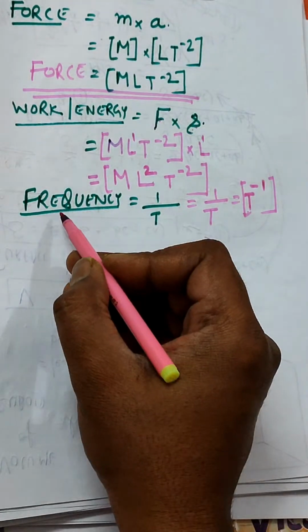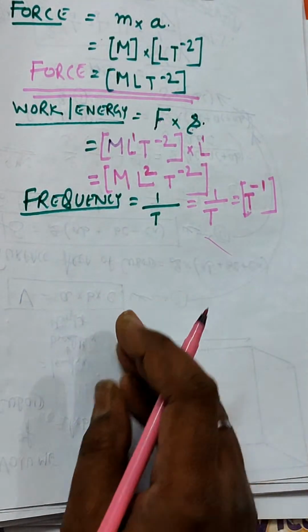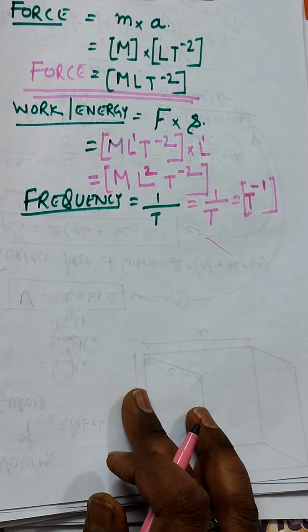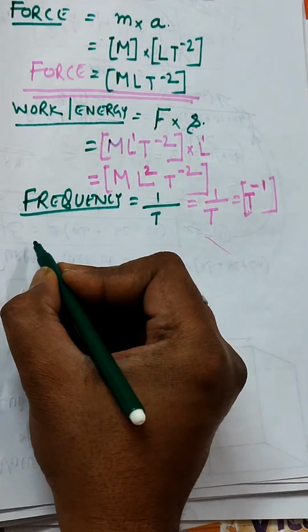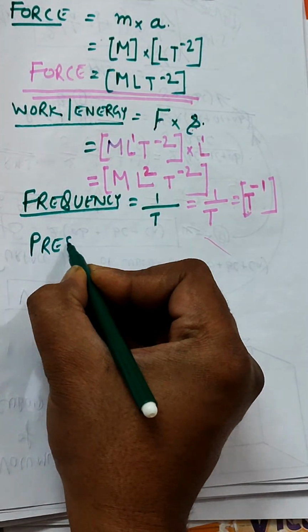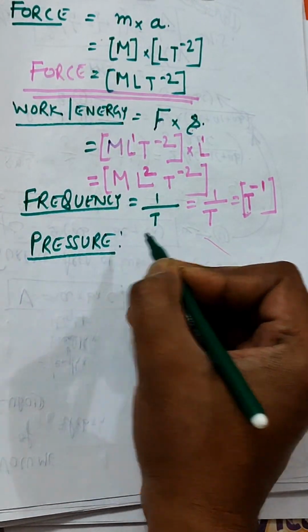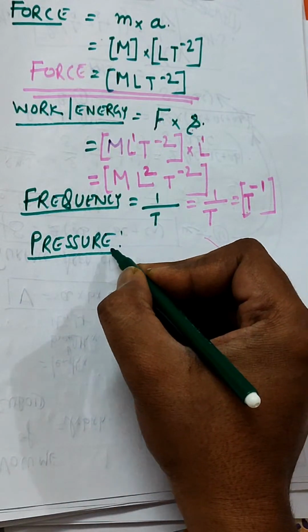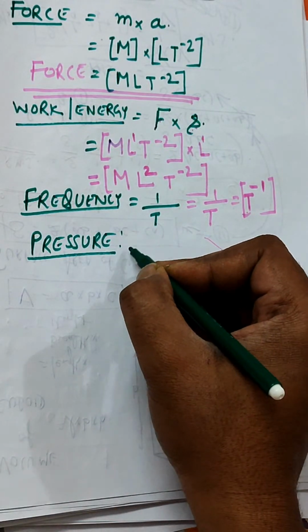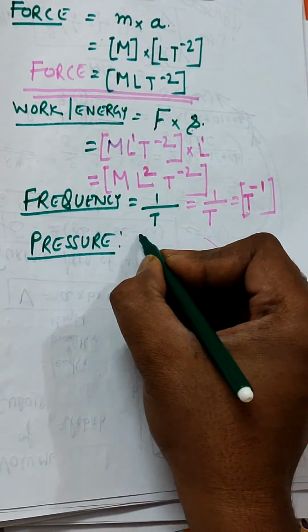Now after this we will take another example, let's say pressure. I'm taking some basic physical quantities, and you can suggest something if you want. What is the definition of pressure? Pressure is the force applied per unit area, right?